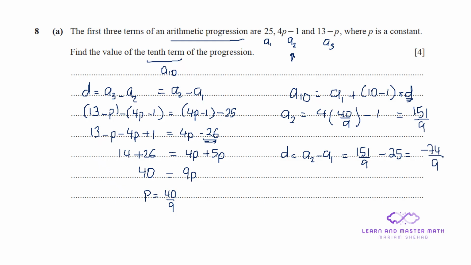Now after you got the common difference, you go back to A10 and substitute all the data you have here, which is A1 is 25 plus 10 minus 1, which is 9 times the common difference, which is minus 74 over 9. Calculate this and you will get negative 49.